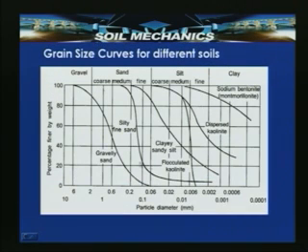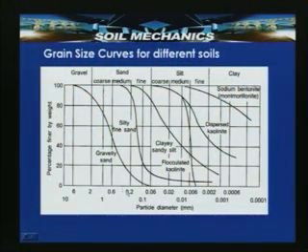This particular slide shows typical grain size distributions of different soils. Different soils have been represented here, with percentage finer by weight on the y axis and particle diameter on the x axis. This curve indicates a typical grain size distribution for a gravelly sand.